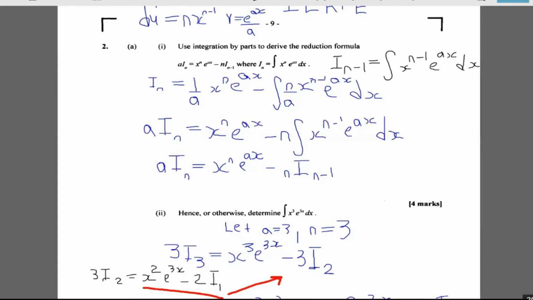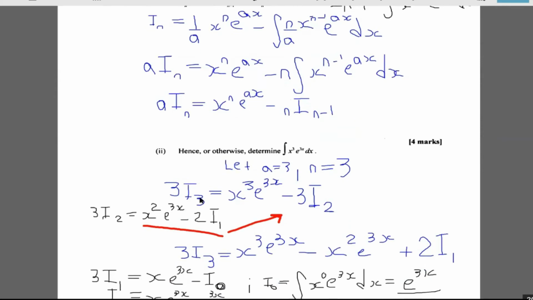Now, after we do that, we're trying to find I3. So what we're going to do is continue with the reduction formula to find I2. We know that 3I2 would be equal to x squared e to the 3x minus 2I1.